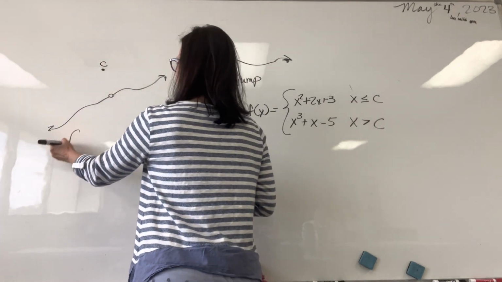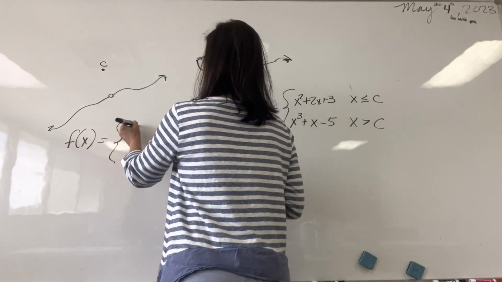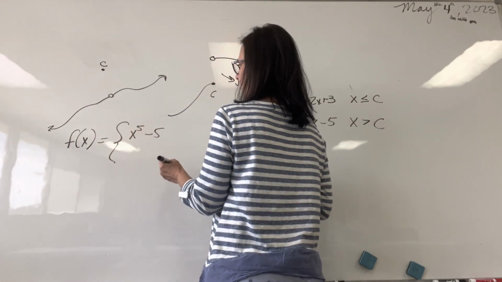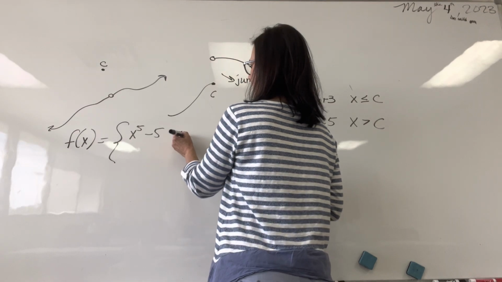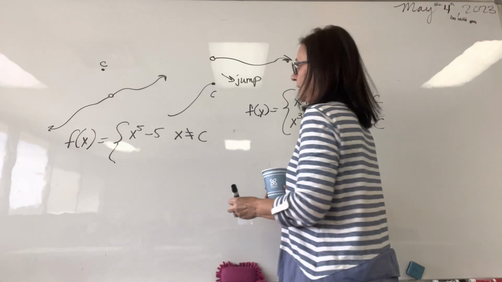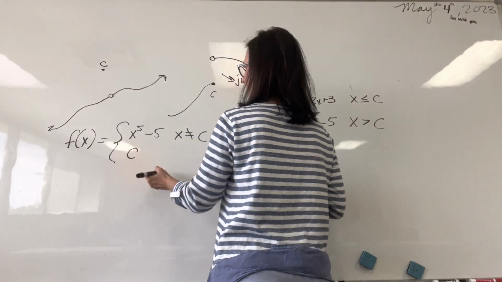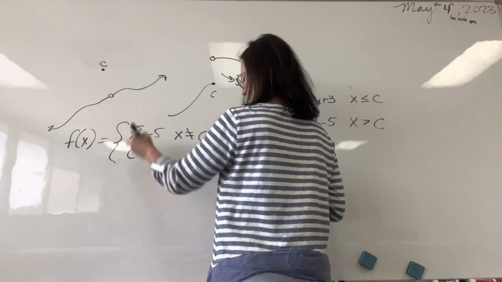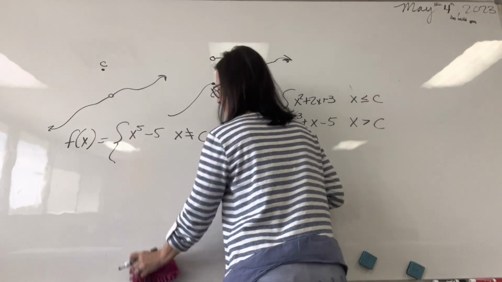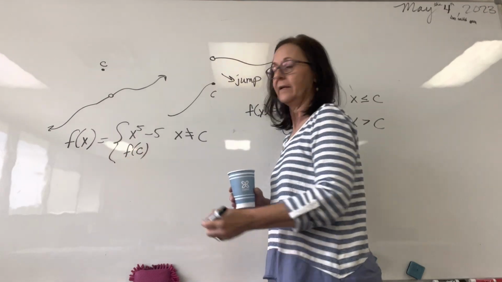So you might have f of x, I don't know, x to the 5th minus 5 when x does not equal c. And then you might have f of c, that's your y value, right?